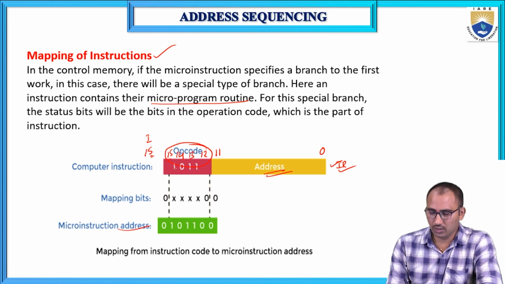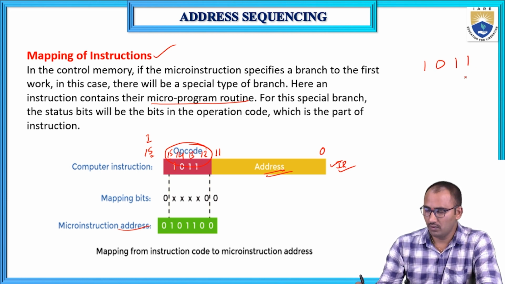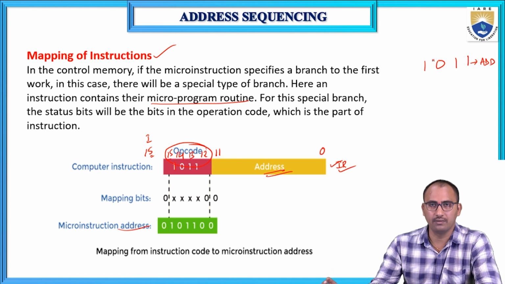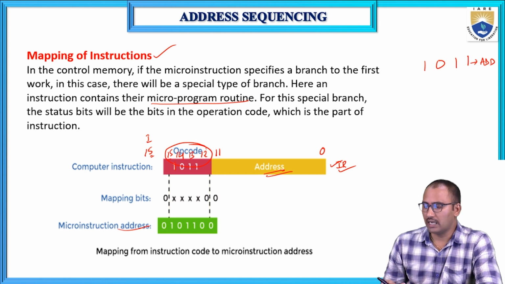So that is the mapping process. Suppose the opcode is 1011. For this opcode, we need to find the address of the corresponding micro routine. Suppose this operation corresponds to addition. Then, in order to perform this addition operation, the corresponding routine program has to be generated.